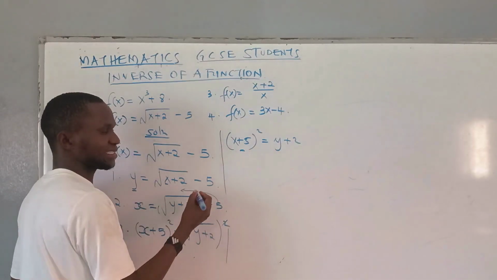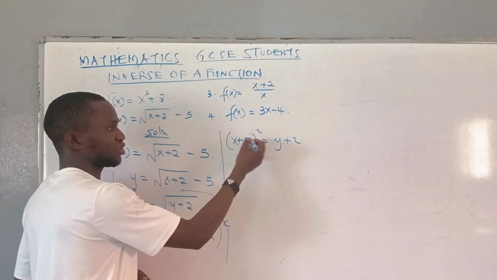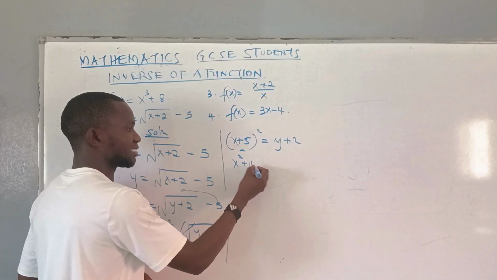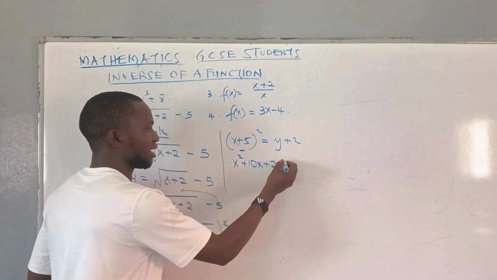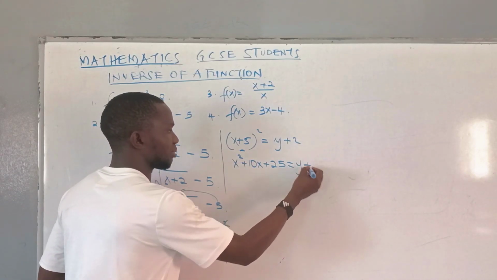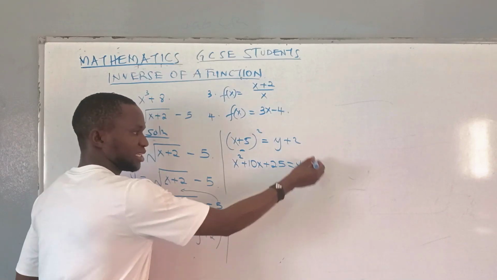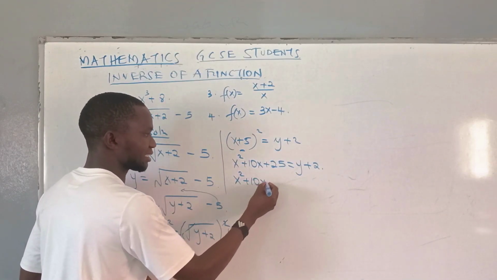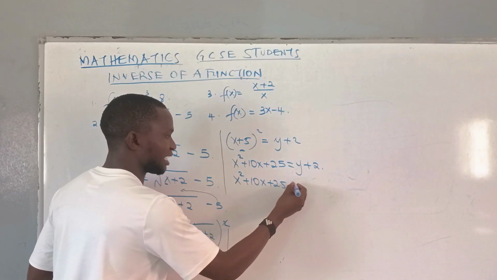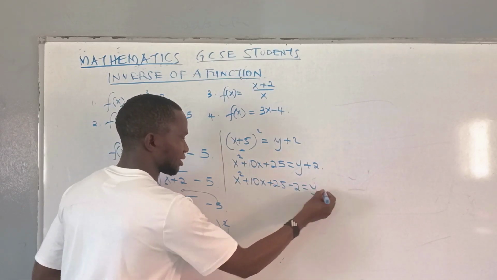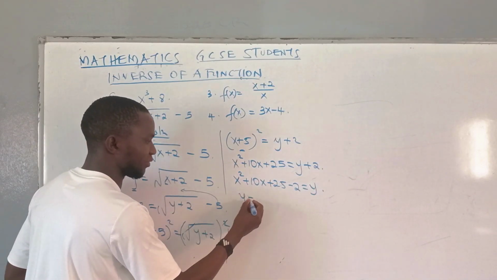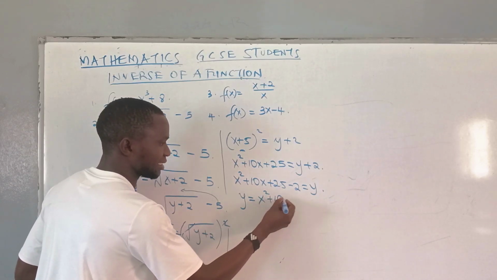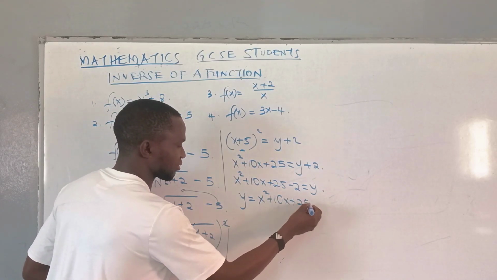You can expand this. When you expand x plus 5 in brackets squared, it's going to give you x squared plus 10x plus 25 is equal to y plus 2. Then bring 2 to this side, then you have x squared plus 10x plus 25 minus 2 is equal to y. Then we will end up with our equation as y is equal to x squared plus 10x plus 23.